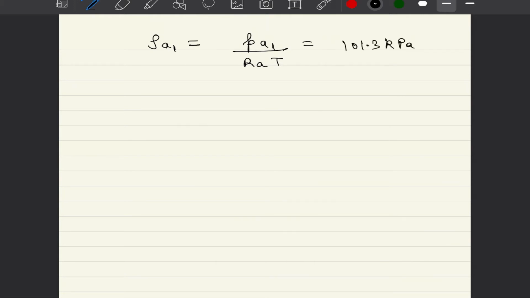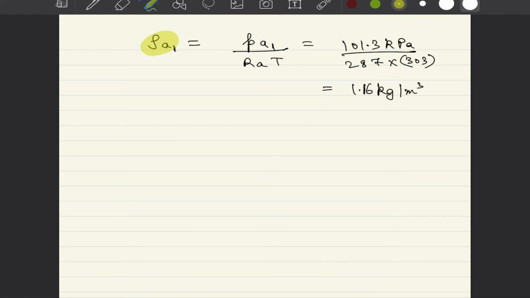I just mentioned that we will use the value of R_A as 287, and the temperature is known as 30 degrees Celsius, which would be 303 Kelvin. The density of air at ground comes out to be 1.16 kg per meter cube. We will highlight this result, as it would be useful, and we will say that this is number one calculation that we have done.